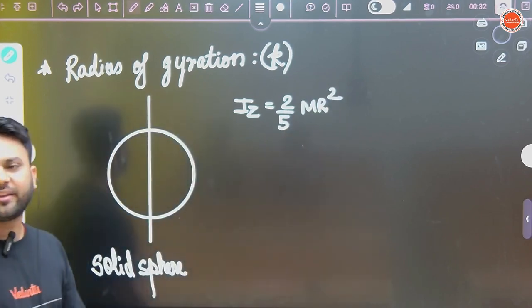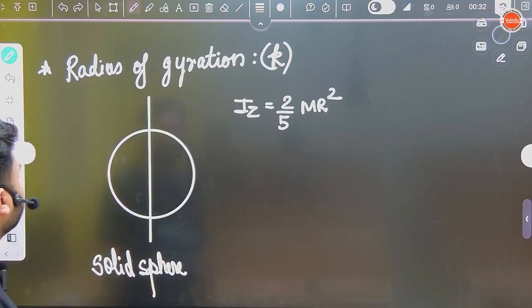Now see, what is radius of gyration? Very important thing.